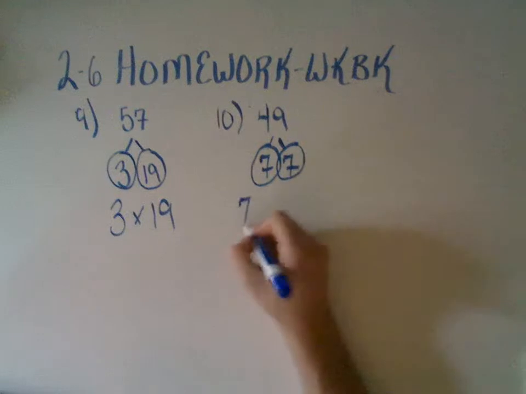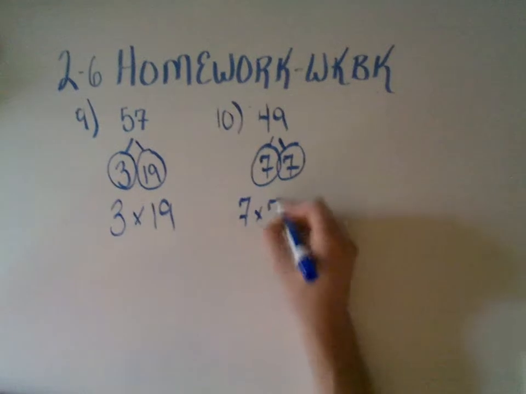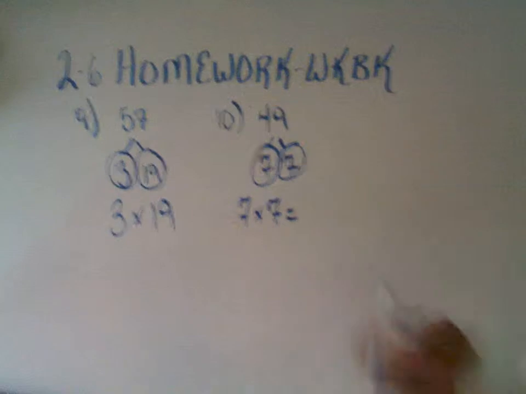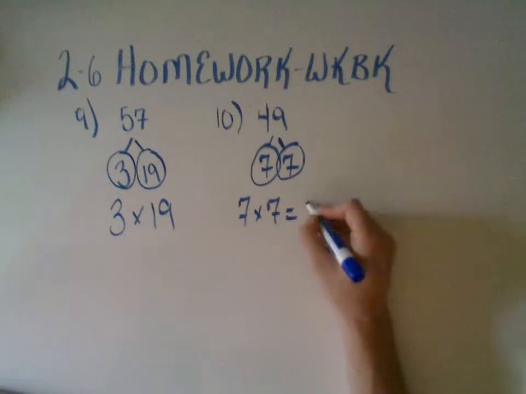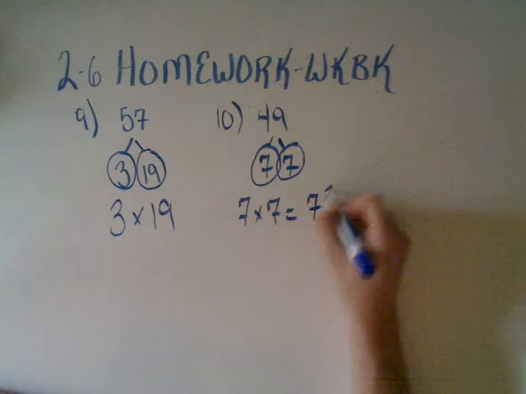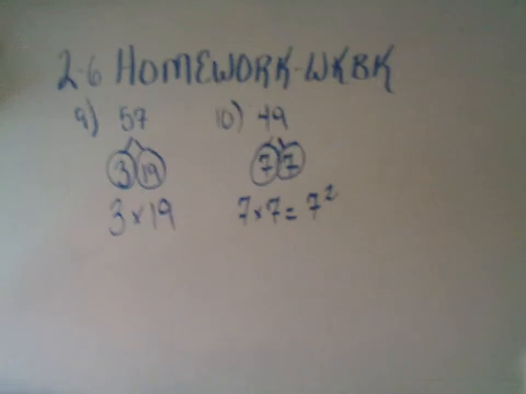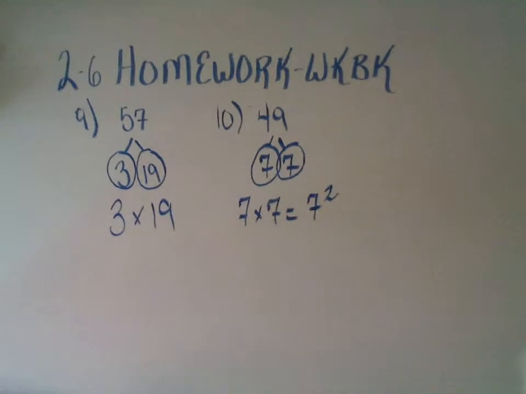I can write 7 times 7, but you can also write prime factorization with exponents. So what the book would write here, what they want you to write, is not 7 times 7. They want you to write 7 squared. And as we know from studying exponents, 7 squared is actually the same as 7 times 7. Same idea, just a different way to write your answers.